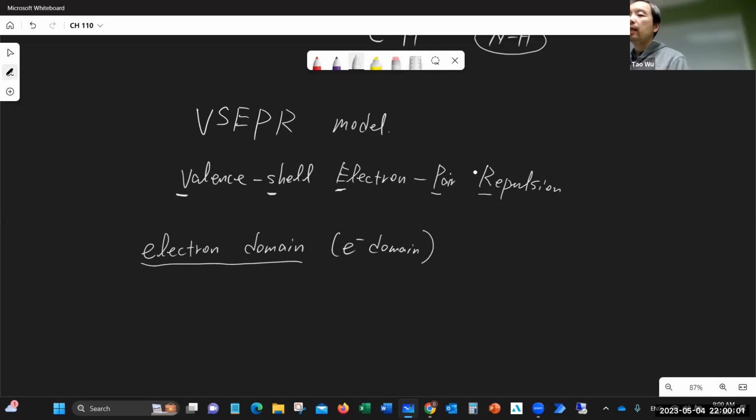So what exactly does the electron domain show here? In the valence shell, the electron bonds count as electron domains. The electron pair also counts as an electron domain.